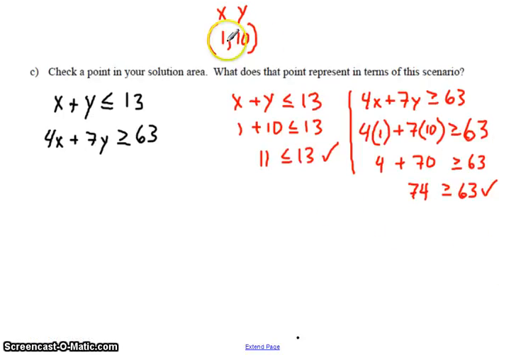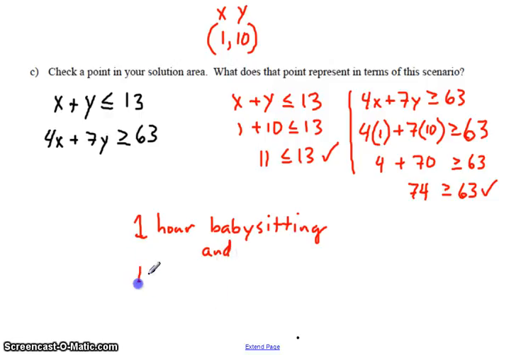So what this solution (1, 10) means is that 1 hour babysitting and 10 hours tutoring, that's what that (1, 10) represents, and that means that that would be an acceptable solution.